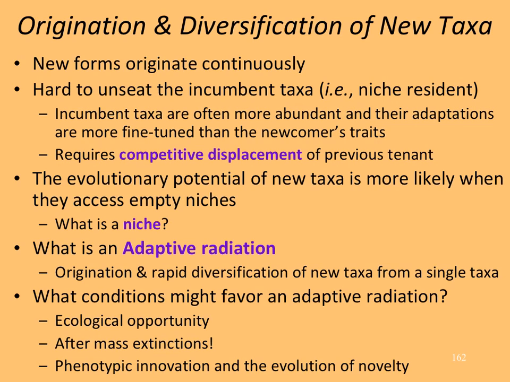That means there's taxa already living there, probably doing the same thing you're going to be doing, but they're better adapted to actually doing it. So if you're going to actually displace an organism from one place, it's a very hard thing to do. But it's called competitive displacement, and it can happen.